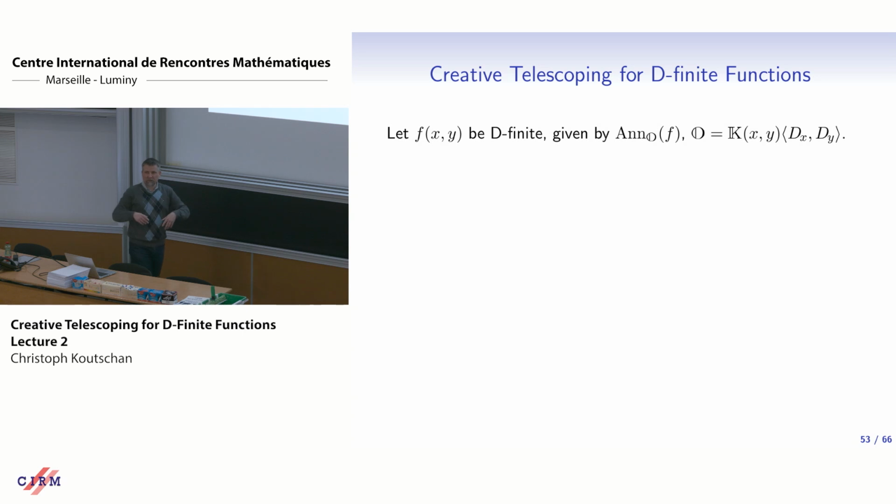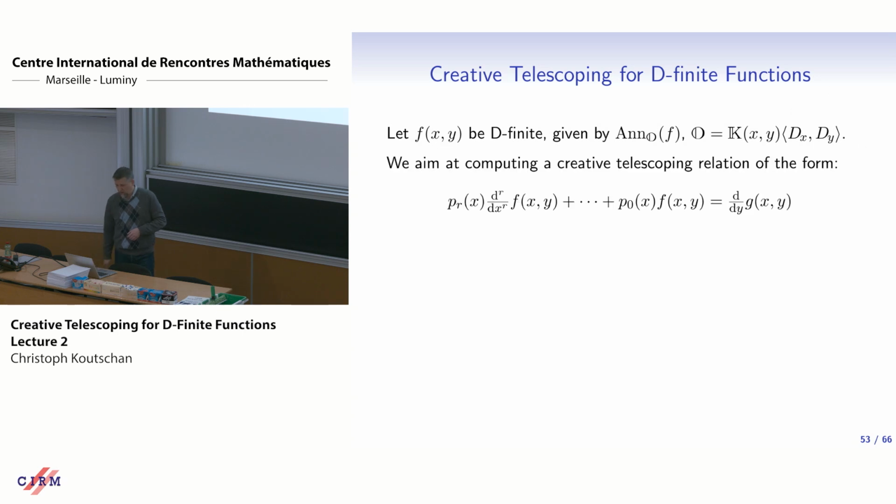Okay, the same thing for the differential case. It's really analogous. So if we have f of x, y, and we assume that these are the two continuous variables, then the creative telescoping relation looks like this. We have derivatives with respect to x on the left-hand side and a g such that its derivative is giving the right-hand side.